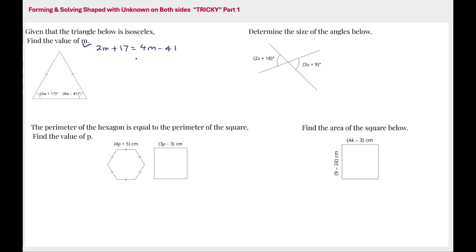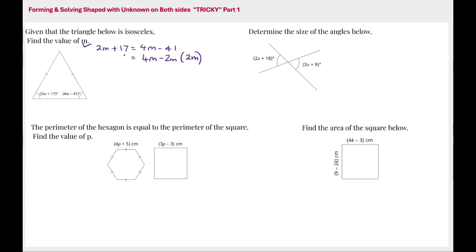So I'm now going to take the 2m over there, it's the biggest number, so I'm going to go 4m. That's going over the equal sign, so it becomes a negative, which gives us 2m.